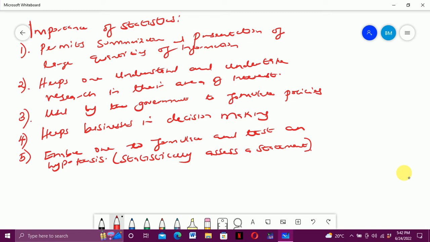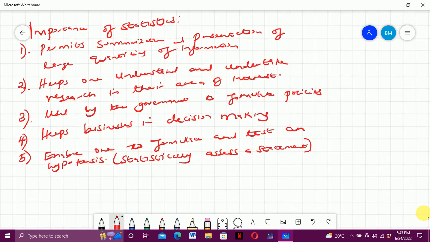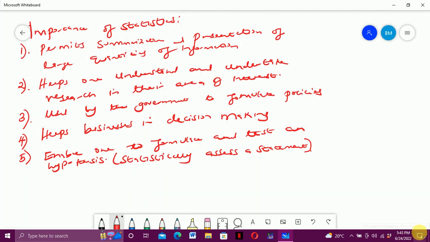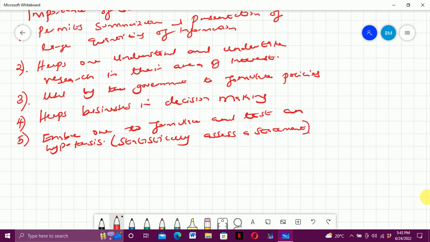So statistics is important. I'm sure those are not the only importances of statistics, but we have more depending on your area of interest. One, it helps you summarize and present large quantities of information. For you to undertake any kind of research, you'll need some knowledge of statistics. Statistics is useful to the government as it helps the government formulate policies.